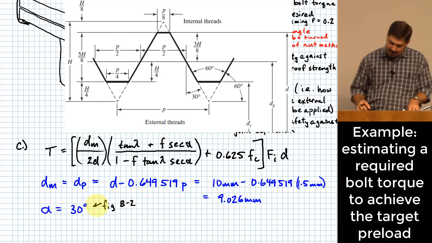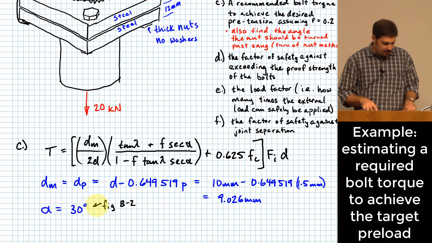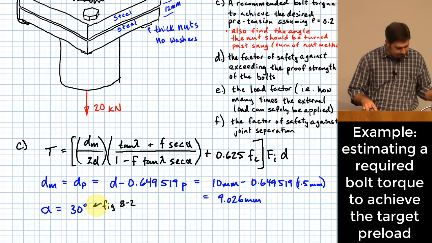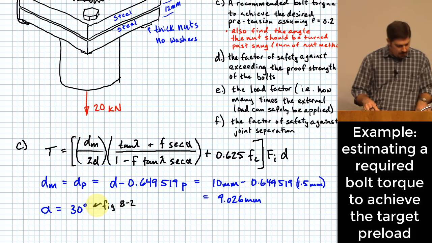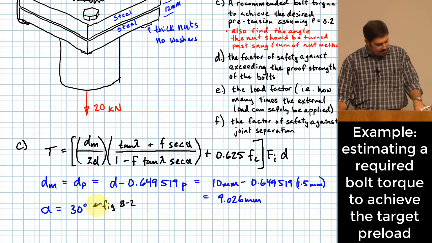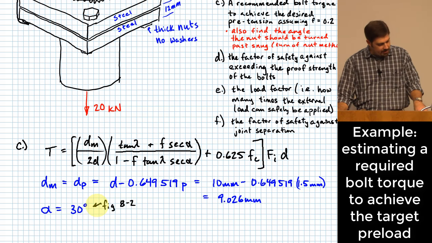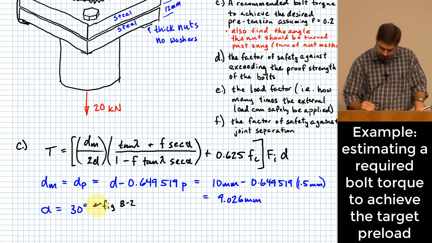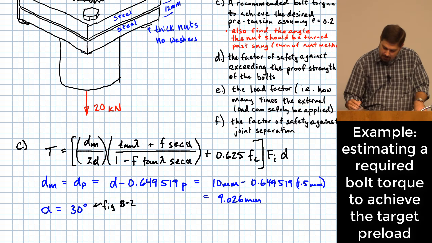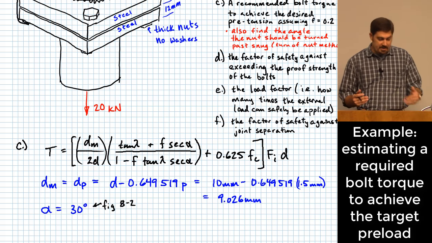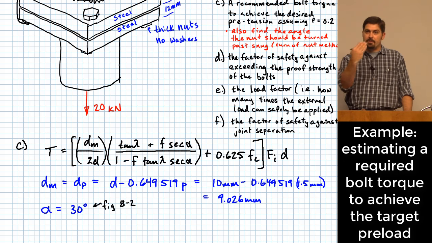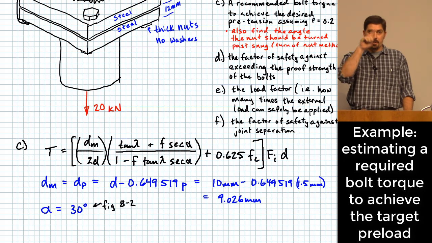Okay, so that's alpha. Now we have this other thing of what is lambda. Well, rather than tell you what lambda is, why don't I put in here and say tangent lambda is equal to L over pi dm. I don't know why they actually put it in here this way, but to give you the idea of what this lambda is, it's sort of the angle of the thread pitch, or as the thread goes around.